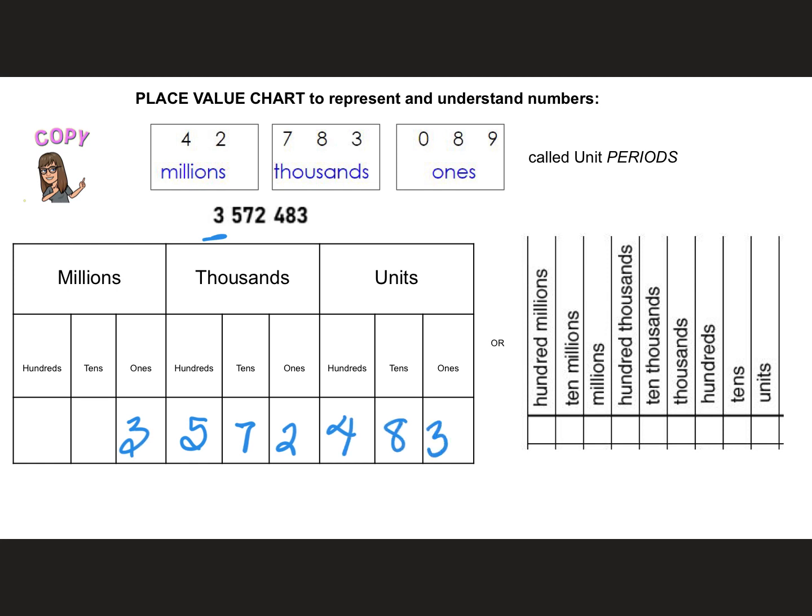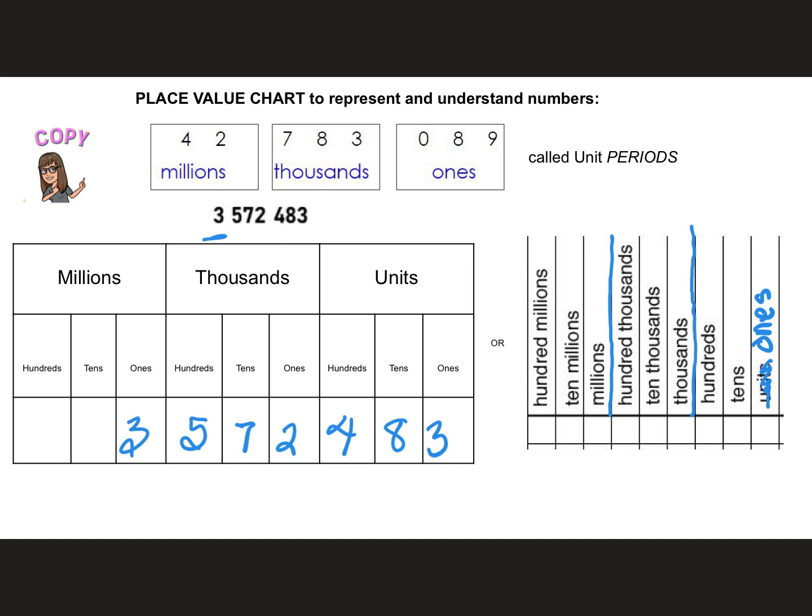Or you could do your place value chart like this. You don't need this. This should actually be ones. Sorry about that. So we would have the ones place, the tens, the hundreds, the thousands. And again, I probably would highlight these periods a little bit, make this a heavier line or something like that.